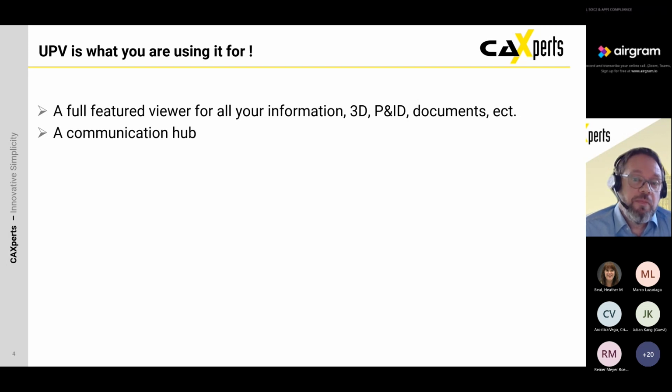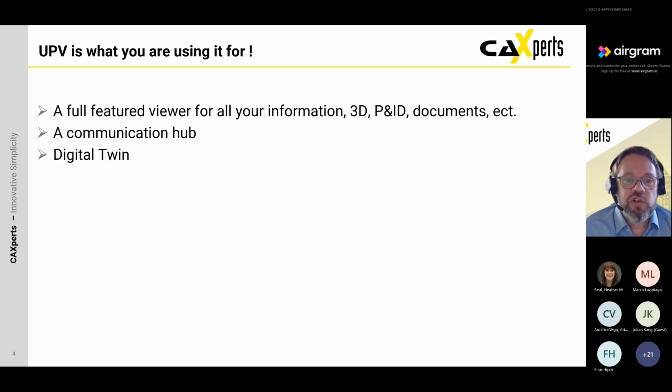Maybe you want to give data during a bidding phase to potential contractors. You can do that very easily with UPV. You can just place it on a website, open the website up for the companies, and once the bidding phase is over, you can just stop access.